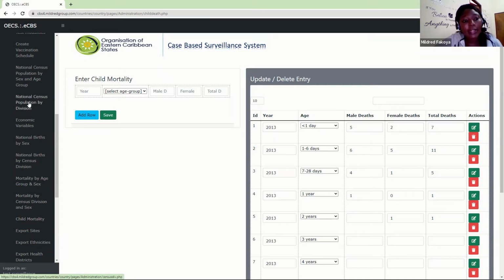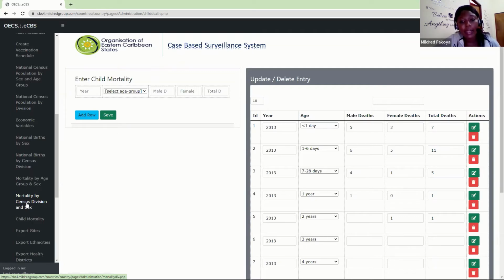All of the others are optional: national census population by division, economic variables, and mortality by census division. If you have them, you enter them, but if not, you can just go with what is required. Now, this is a one-time entry, except if you have a new census population in some years to come, then you want to enter the new information.